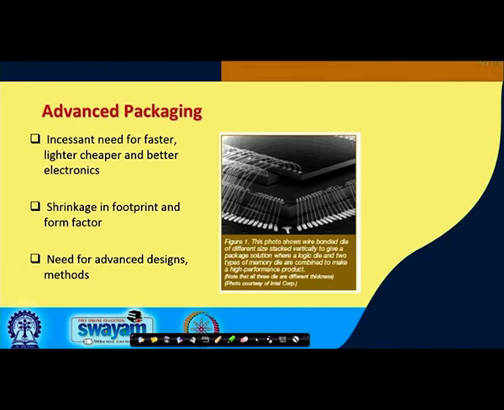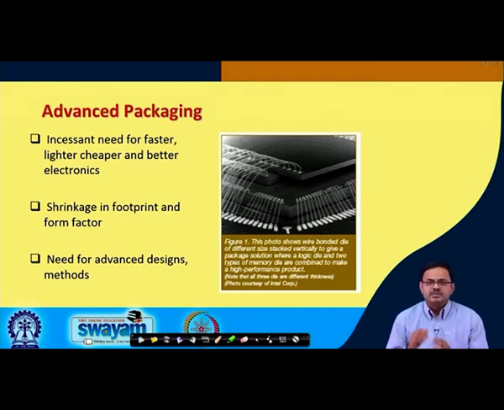Now, the picture that I am showing here is something called a 3D stacking of dies. We had talked about wire bonding as part of our discussions, and what we see here are 3 pieces of silicon, 3 components with their own circuitry inside, stacked on each other, and from the periphery we see the wire bonds coming out.